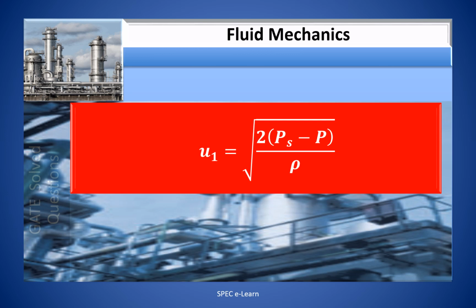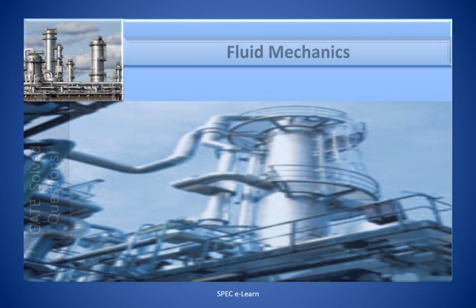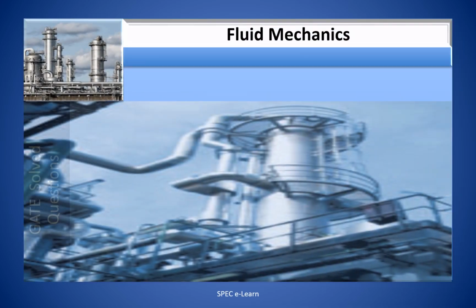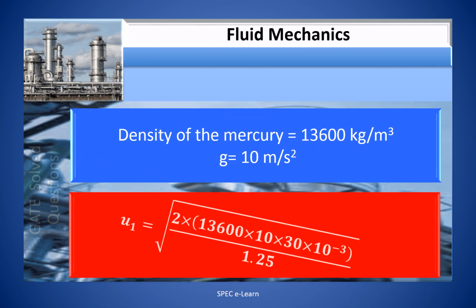It is given that the difference between the stagnation and static pressure at the same location is equal to 30 mm mercury. The density of the mercury is 13,600 kg per meter cube and g is equal to 10 meter per second squared.